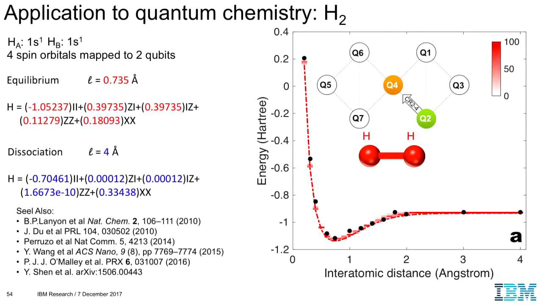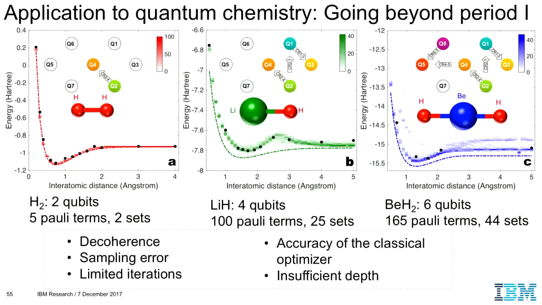And out of these 5, we usually would put them together and only run a few experiments, the partial state tomography. So for these 5 Pauli terms, we only had to measure 2 different states to get those numbers.